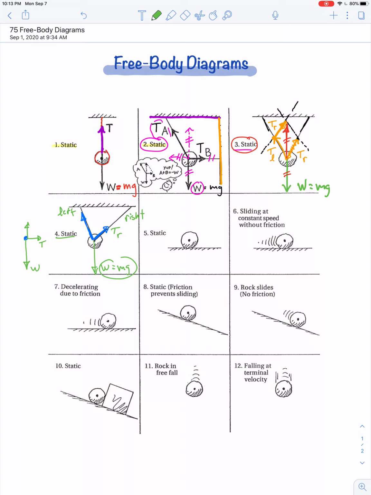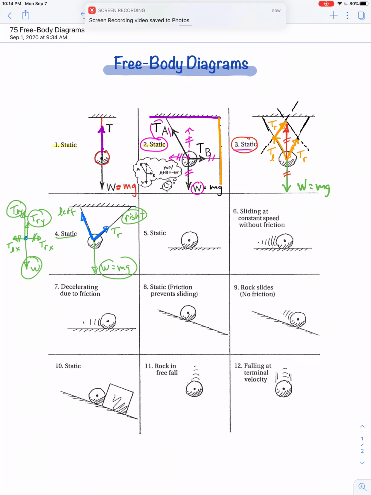So we can call this TRX, the tension from the right string segment along the x-axis, and we have TRY. And we also have a TLX and a TLY. Now we can see that the tension in the right string and the tension along the x-axis from the left string cancel each other out, and their two vertical components would add together to offset the weight vector.